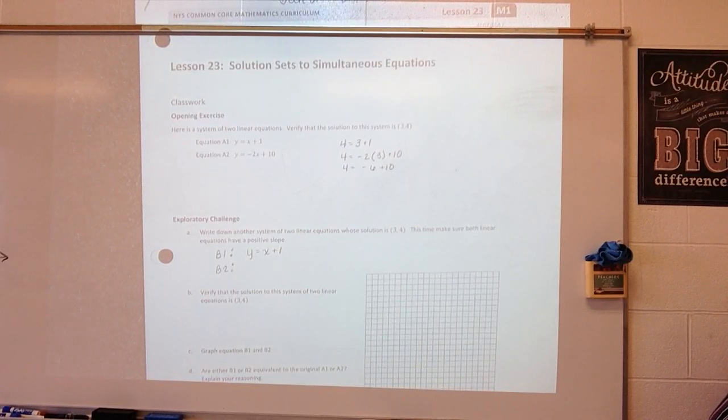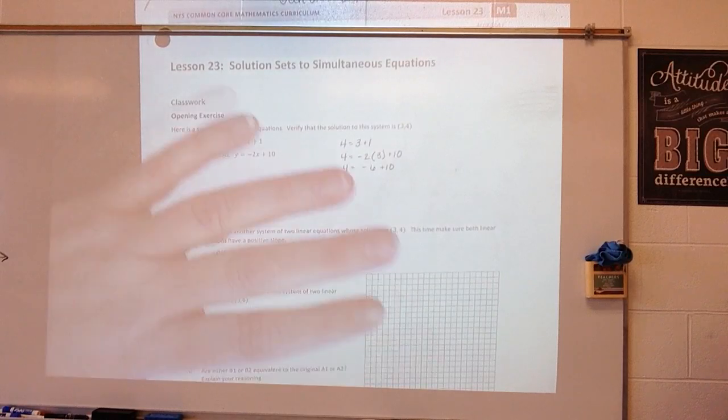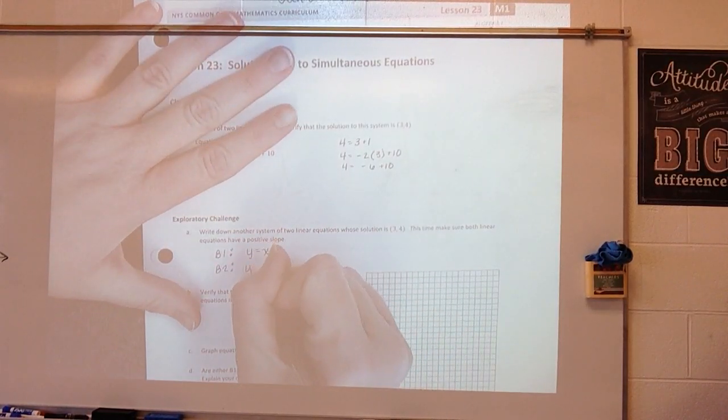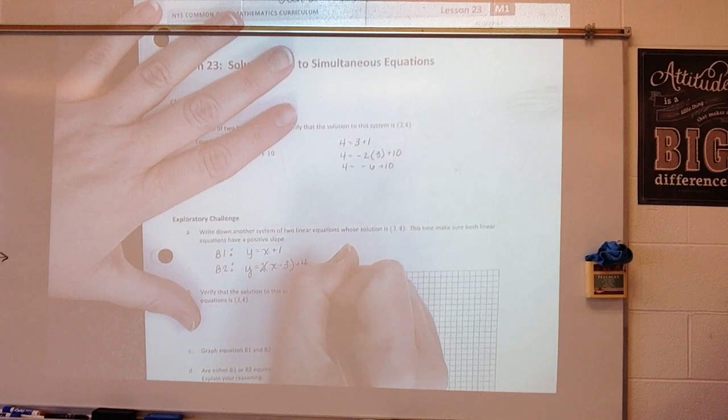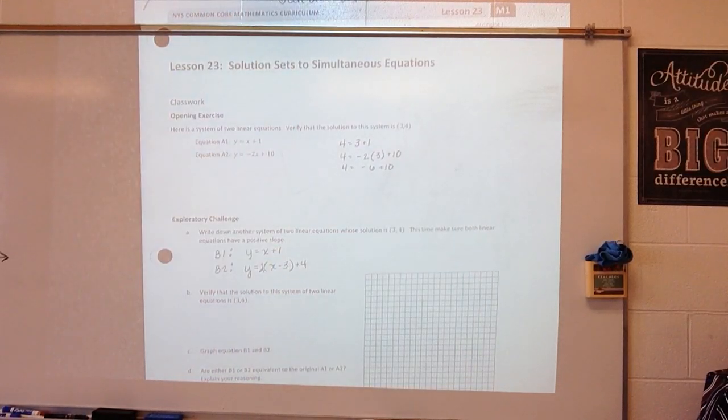But remember, 3 and 4 also have to continue to work for this. So here's what I'm going to do. y is equal to 2 times x minus 3 plus 4.